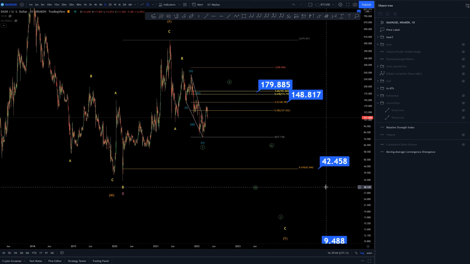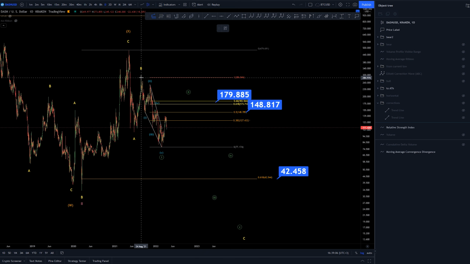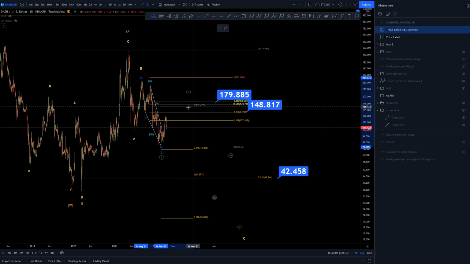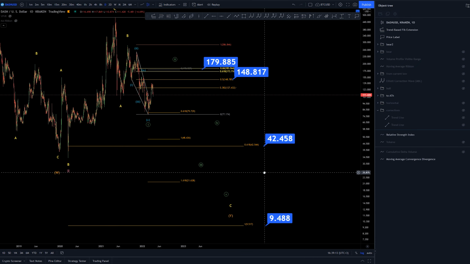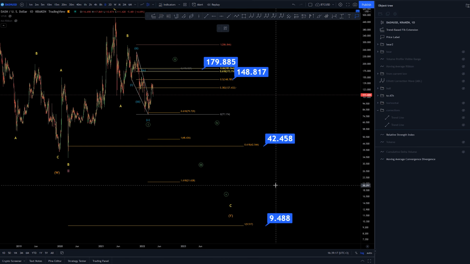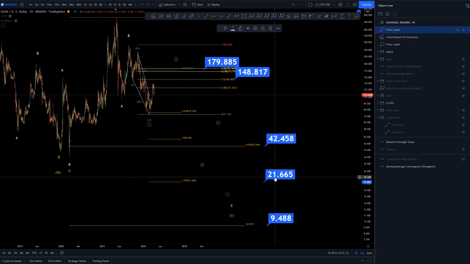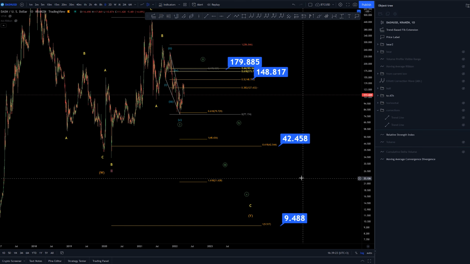At that point we could be looking for lower targets, depending on how high this current price goes. If it goes to the golden pocket, we could be expecting the 1.618 extension here, all the way down to around $21.